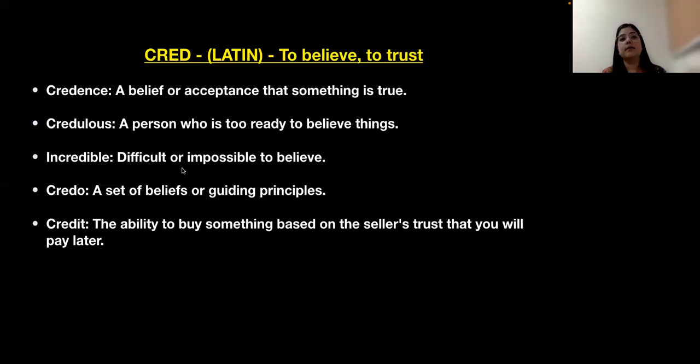Credibility, that quality that you have, whether someone trusts you or not. If you break someone's trust time and again, you lose your credibility, because then that person would think twice before putting their trust in you.